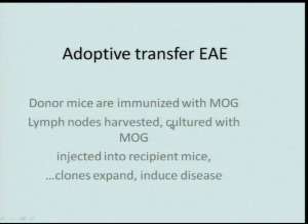The schematic for this experiment was that donor wild type mice are immunized with MOG, which generates a large number of T cells that are specific for MOG. Those cells are then taken out, cultured with MOG, and injected into recipient mice, which were either wild type or KLF4 knockout, and then we evaluated the onset and progression of disease.